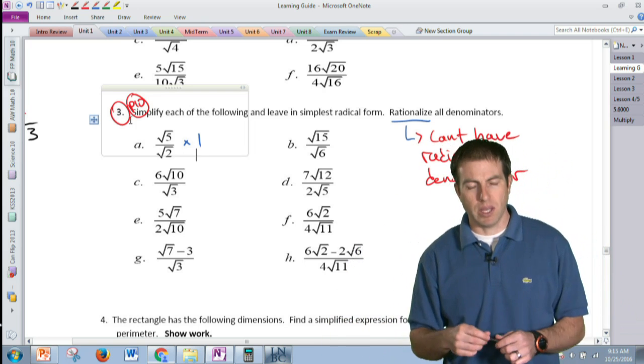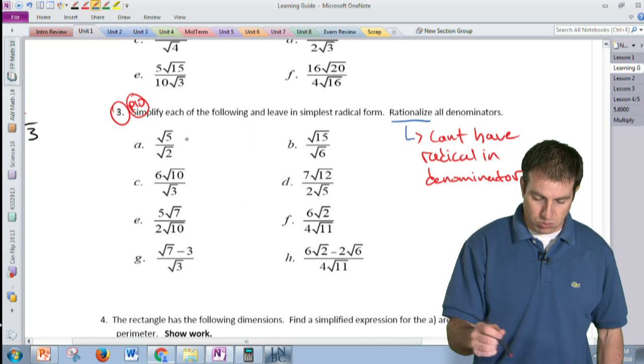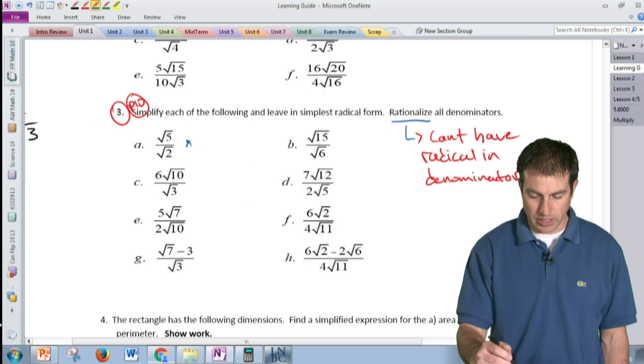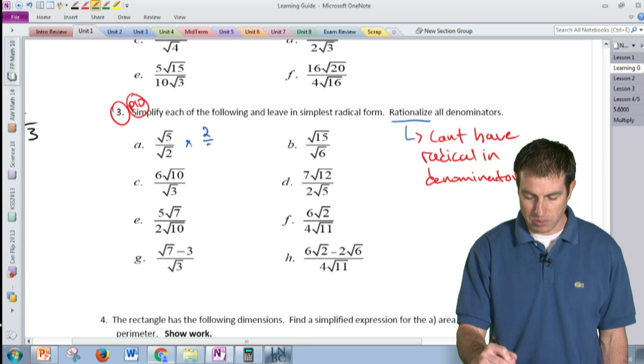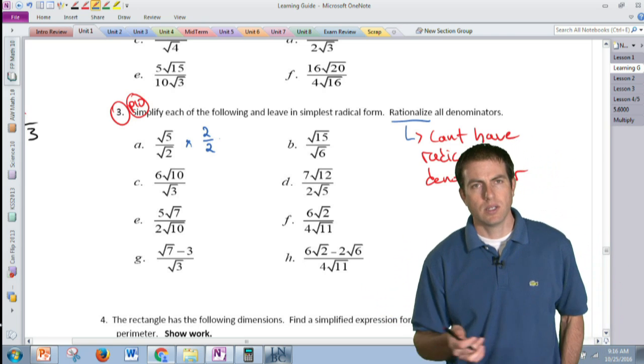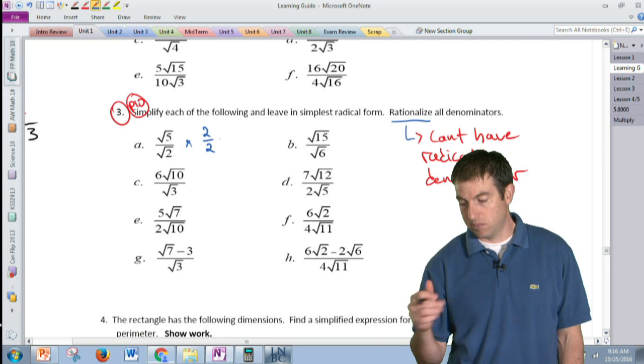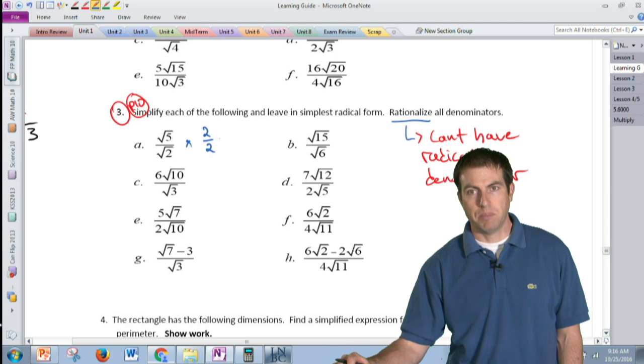But I'm not just going to multiply it by 1, because that doesn't change anything. What if I multiplied this whole thing by 2 divided by 2? That's the same thing as 1. I can multiply by 2 over 2. It's just multiplying by 1.